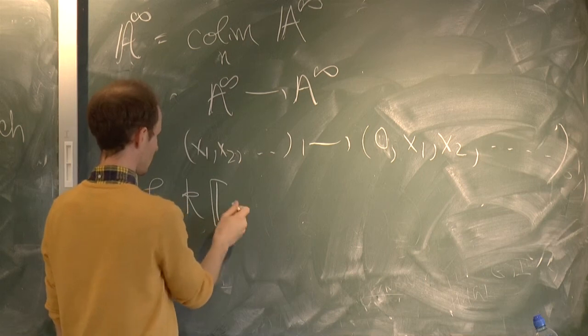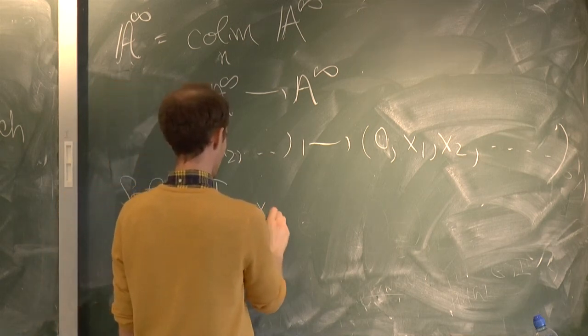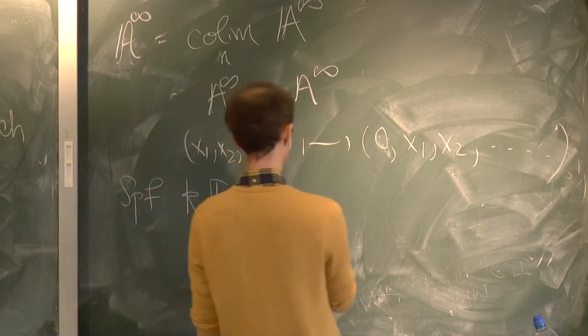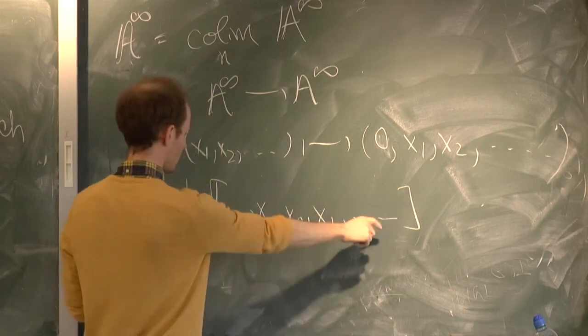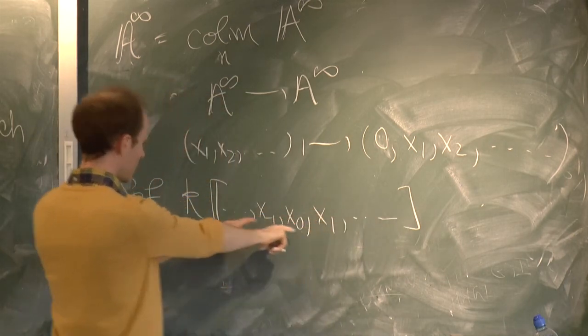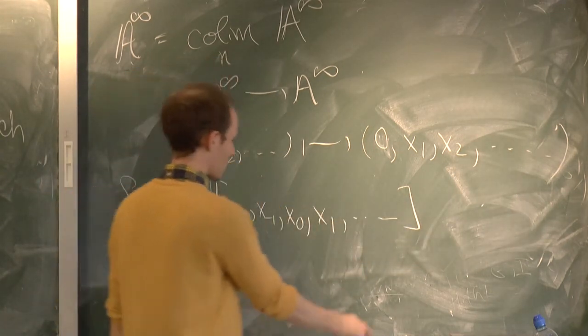Sometimes people write it like this: dot, dot, dot, x_{-1}, x_0, x_1, and then brackets here. So you're allowed in your polynomials infinitely many terms with negative coefficients and only finitely many terms with positive coefficients.